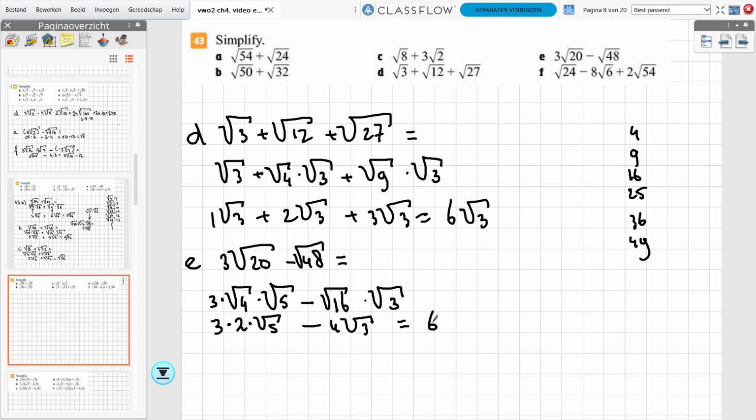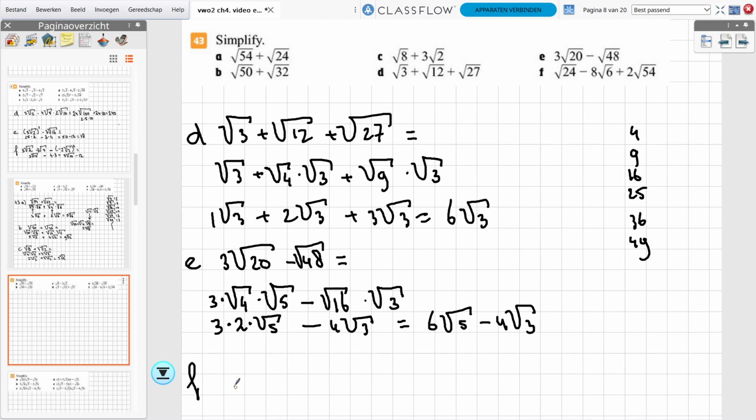And here we have an example where at the end we cannot simplify into one root, because 3 times 2 is 6: 6 root 5, and 4 root 3. This is the answer, but still we prefer this over the other because the numbers inside the roots are now smaller. That's what we want to have. Okay, and that they are not like terms at the end and I cannot add them up, that's totally okay.